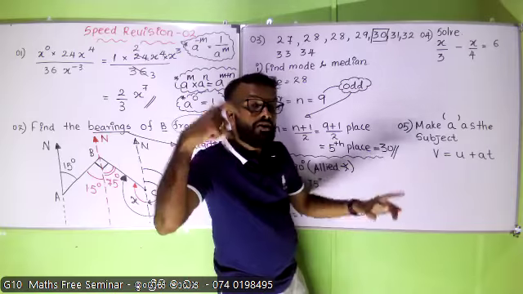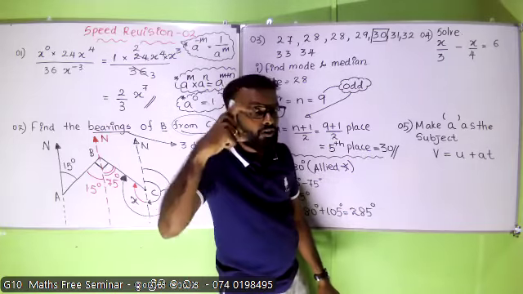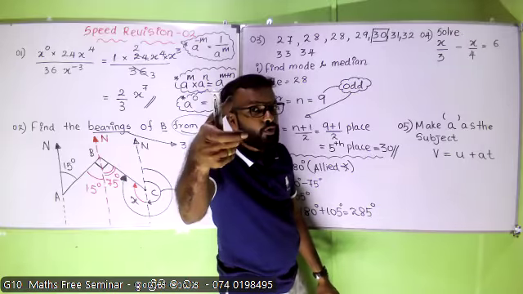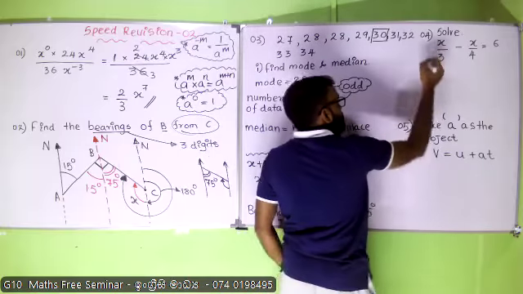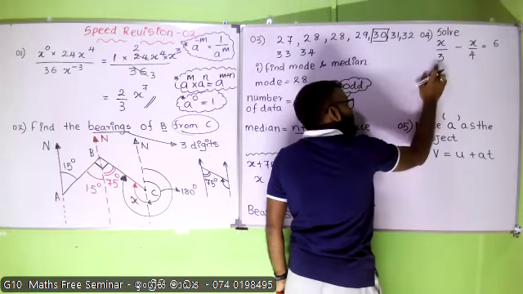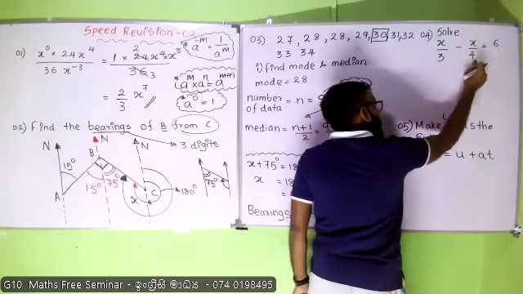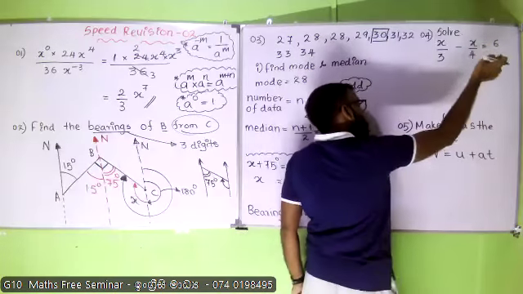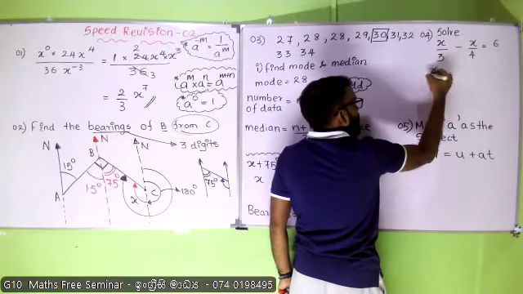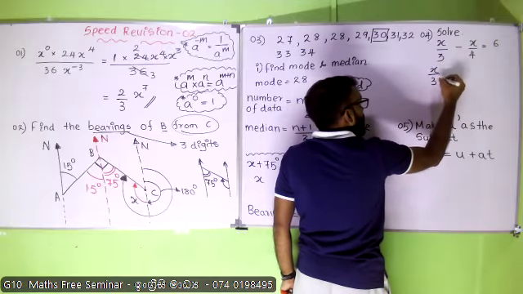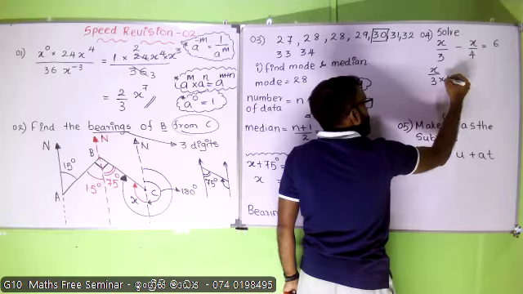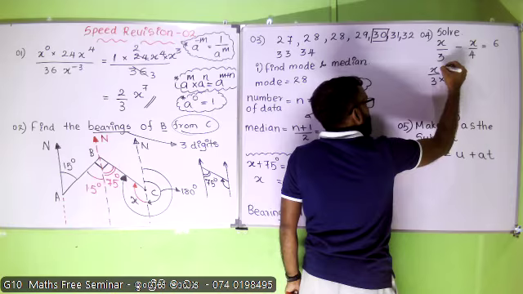How are you going to convert 3 into 12? By multiplying by 4. How are you going to convert 4 into 12? By multiplying by 3.